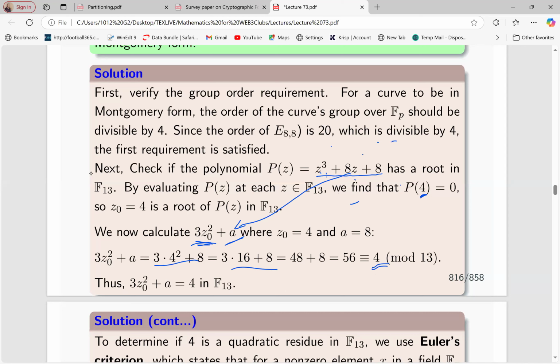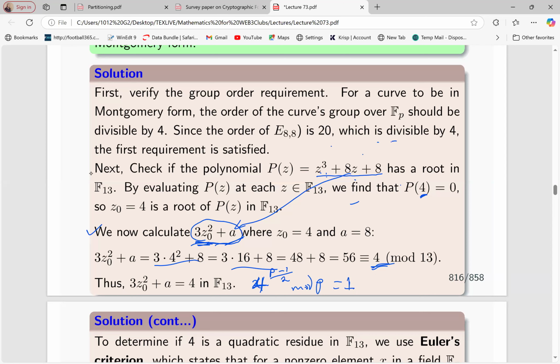Now, the essence of this step is to check whether this is a quadratic residue, whether it has a square root. Using the Euler criterion that we talked about, we want to check whether 4 raised to (p minus 1) divided by 2 mod p gives us 1.